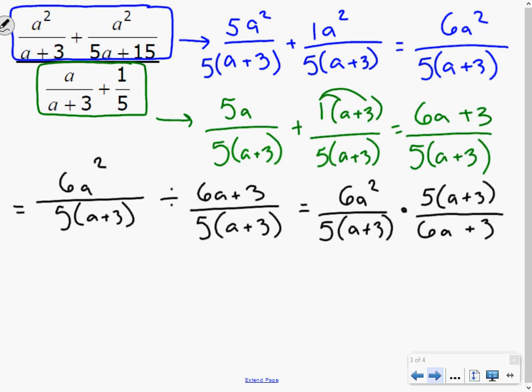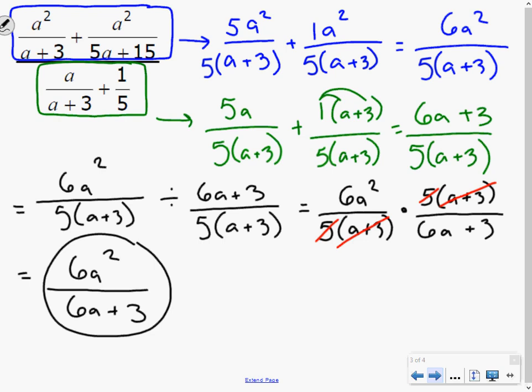Cancel out common factors of a plus 3 and 5. And then let's see what we have left. We are left with a 6a squared over 6a plus 3.